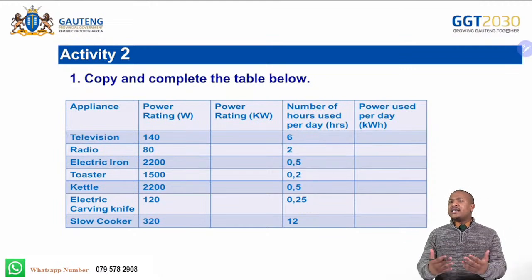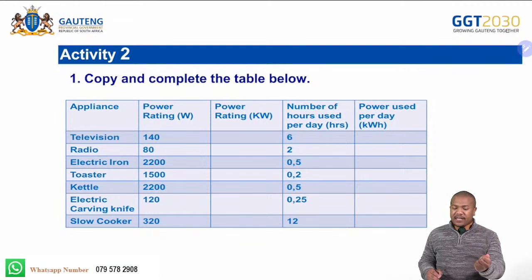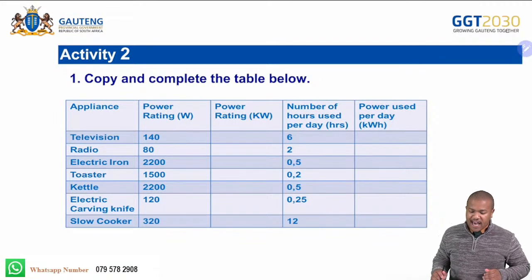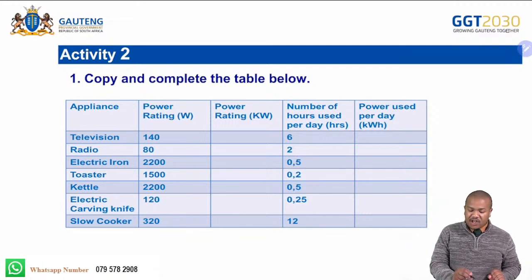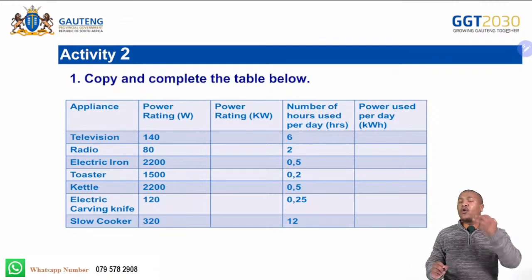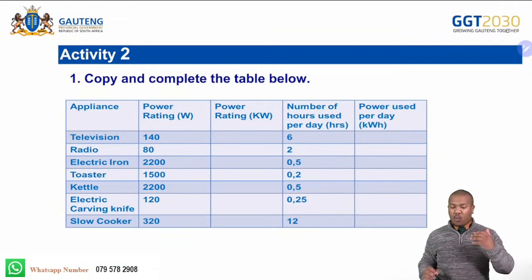Now, here is activity 2. It says copy and complete the table below, just to give you a clue. If you look at this table, it has appliances like television, radio, electrical iron, toaster, kettle, electric carving knife, and slow cooker. Then it has the power rating for each of those appliances. Power rating for television is 140.